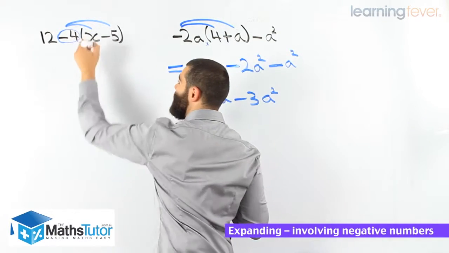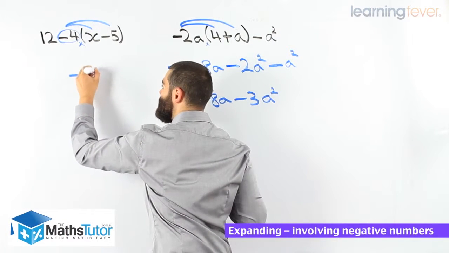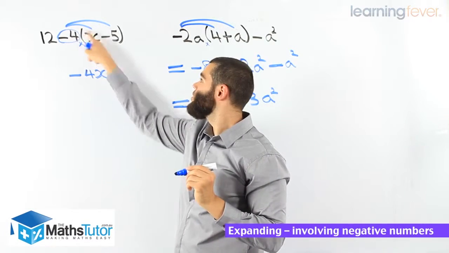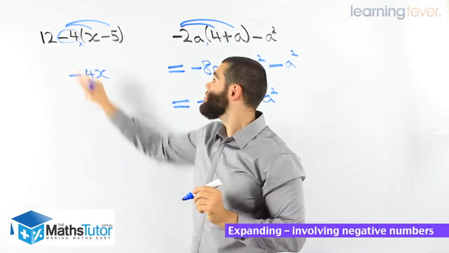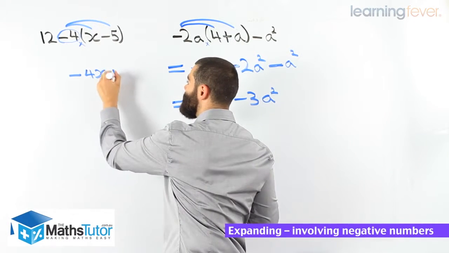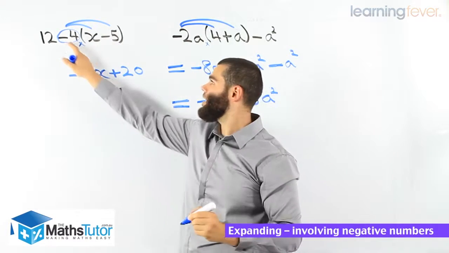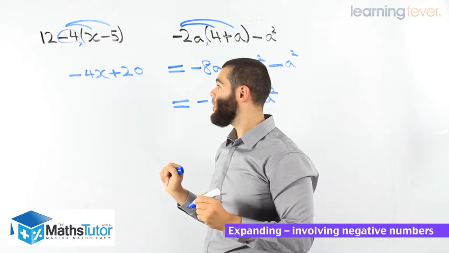Negative 4 times x, negative 4x. Very important that you pick that out. It's negative 4 times x, negative 4x. Negative 4 times negative 5 is positive 20.